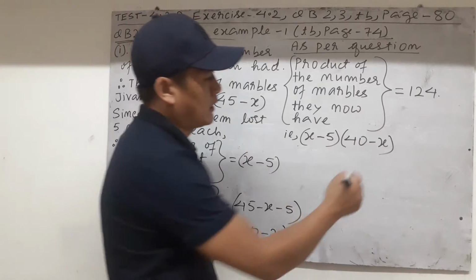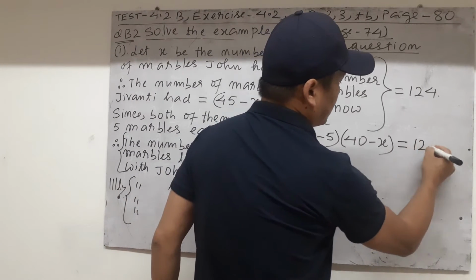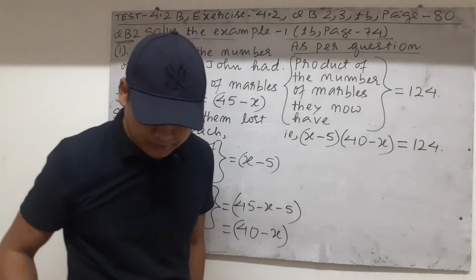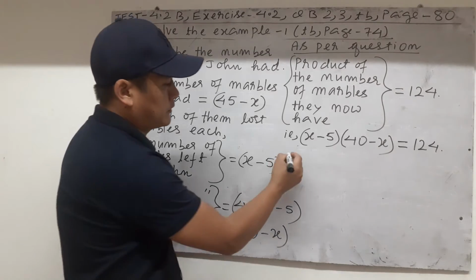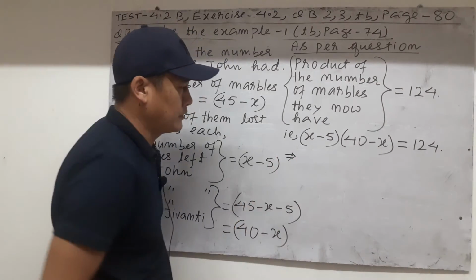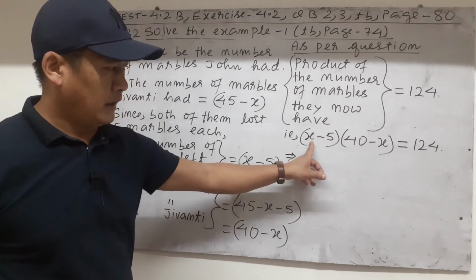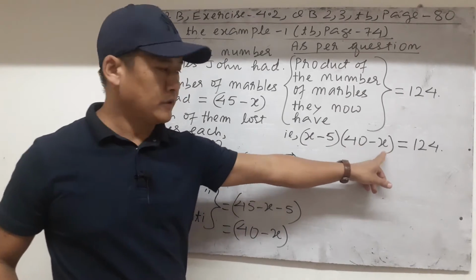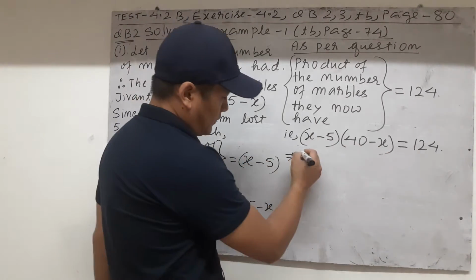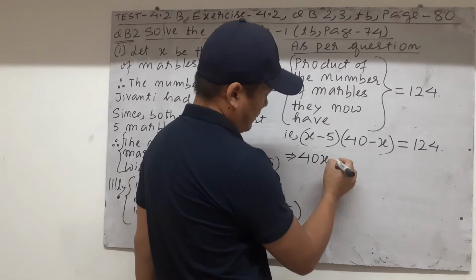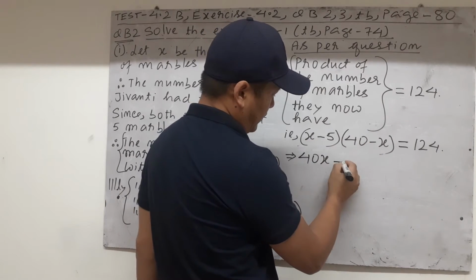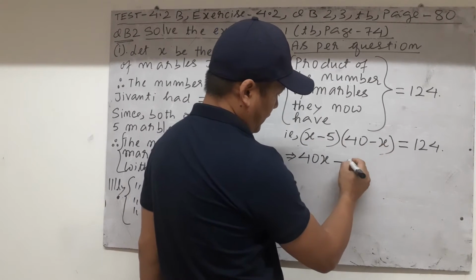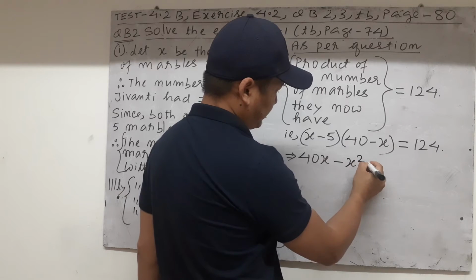If you multiply, the question is saying you're going to get 124 as the product. So let's do it slowly. Multiply this x to both these two terms. X into 40 is 40x, and plus into minus, minus x into x, x squared.